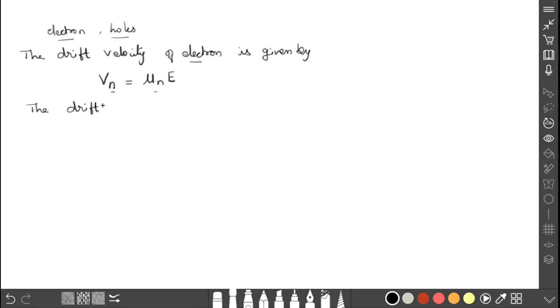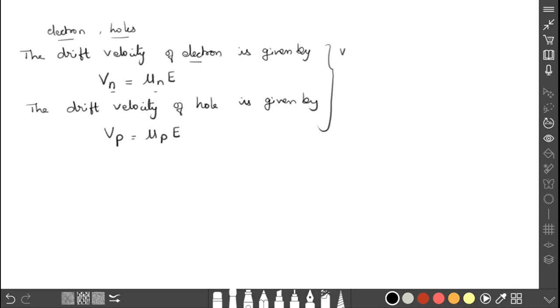The drift velocity of hole is given by, generally holes are represented by P, so Vp is equal to mu p into E. Vn and Vp are the drift velocities of electron and hole respectively.